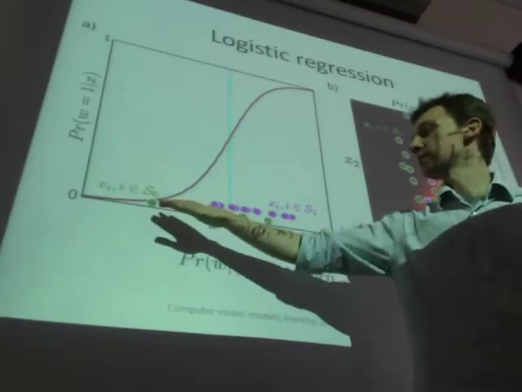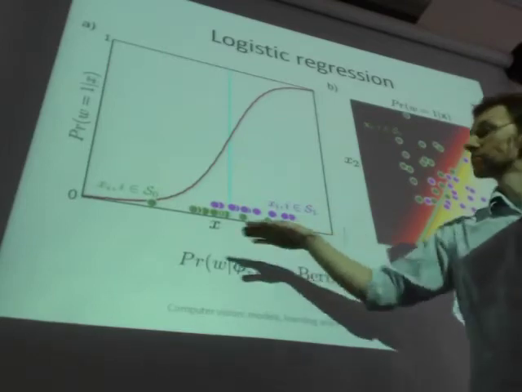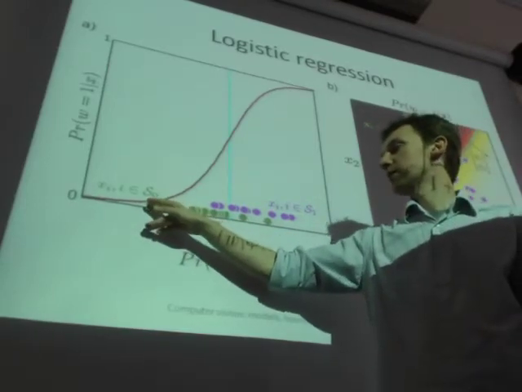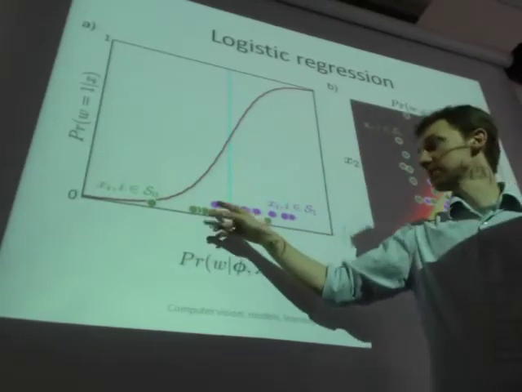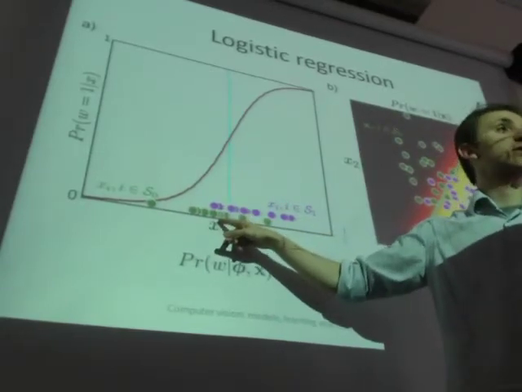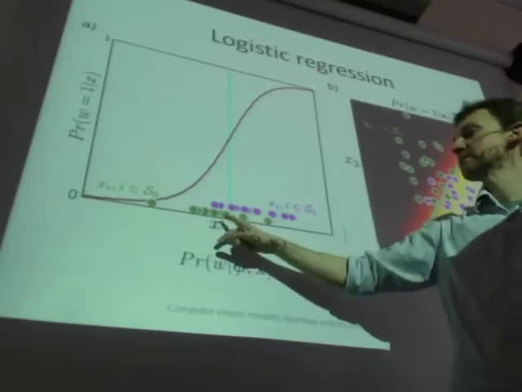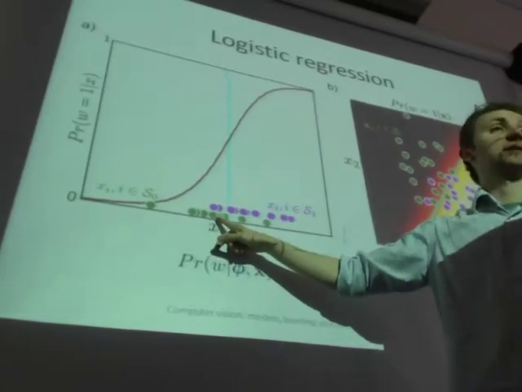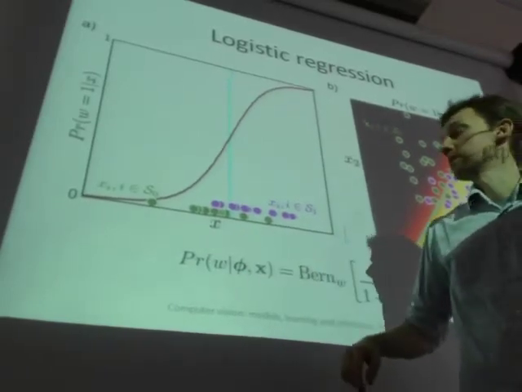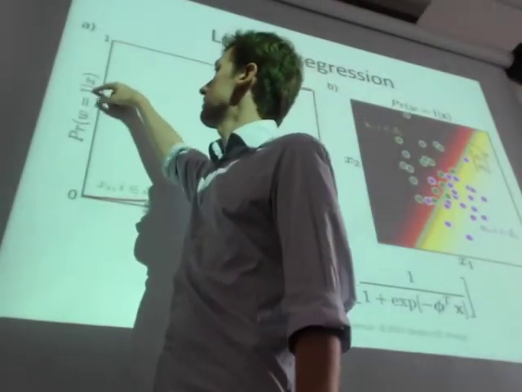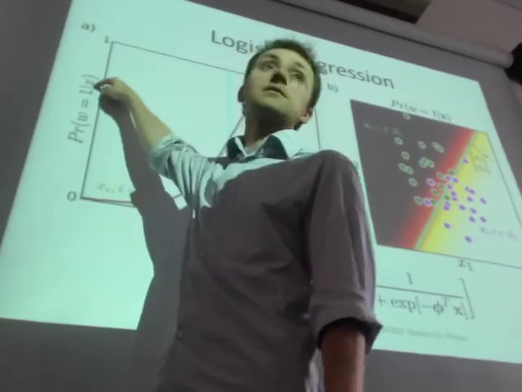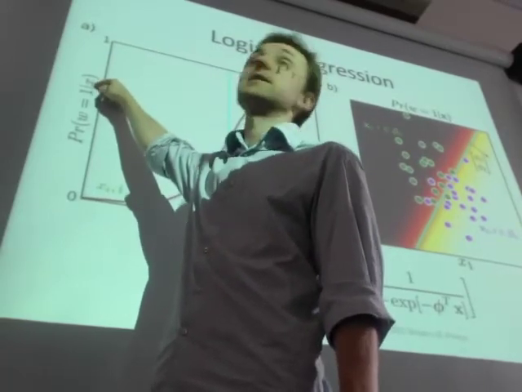And this is how they're distributed along the x-axis. So maybe green ones have some low values, magenta have some high values. But actually in the middle you see there's a bit of confusion. From both classes we have data points with the same x. All right, so we're plotting here the probability of woman's face given some data input.